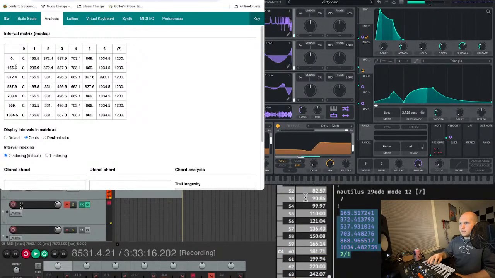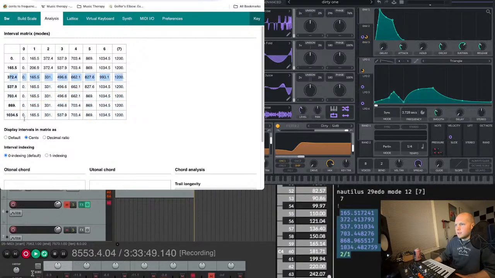Oh, you can kind of hear it. So you can see if you just look at this column, this is every mode of this 7-note scale. So here's the home mode, and then this is the first mode or whatever, Dorian or whatever you want to call it, and then this is the next one, and so on.